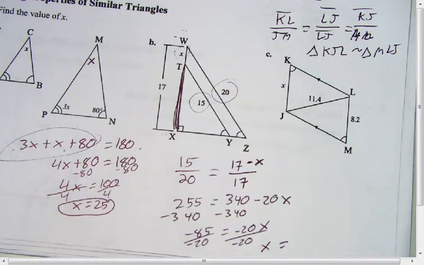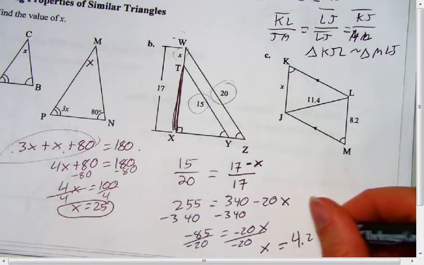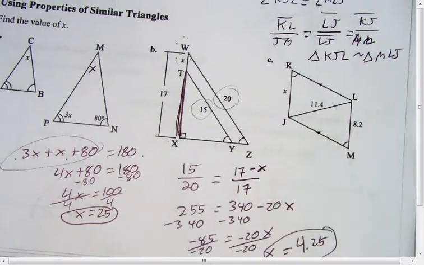When we do negative 85 divided by negative 20, what do we get? I get 4.25. Okay? So again, it's all about setting up those proportions, making sure they're correct in order to do it. Okay, let's turn this over.